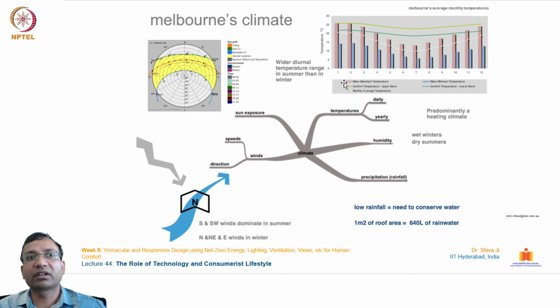This gives a comprehensive picture of the monthly temperature over the year, the solar exposure and the angle at which the sun is going to be at this particular place, and then the prevailing wind direction. This chart you can prepare for your own city or your own town. You can keep it handy for your design needs.